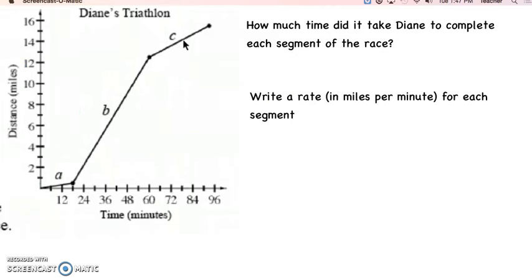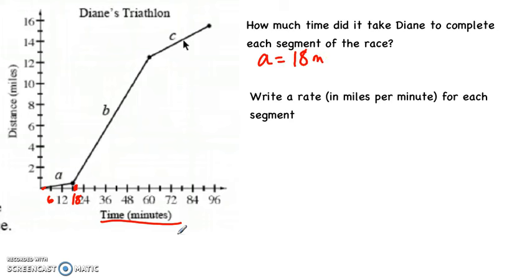All right, in the last example, how much time did it take Diane to complete each segment of the race? So now we're looking at time. If we look at A, it starts at 0 and it goes all the way to this line here. If we notice that each segment goes up by 6, that means that this one's 18. So A was 18 minutes.